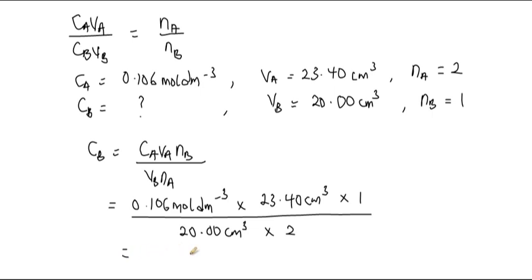So this gives us 2.48 over 40. Our unit, mole per dm³.